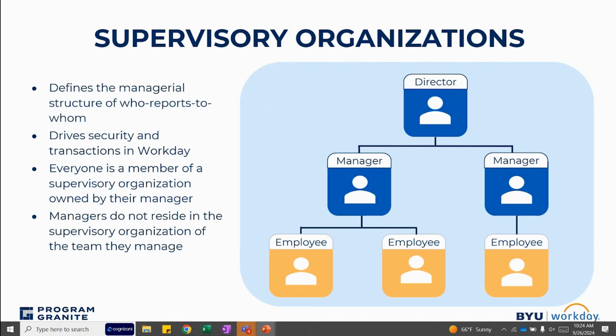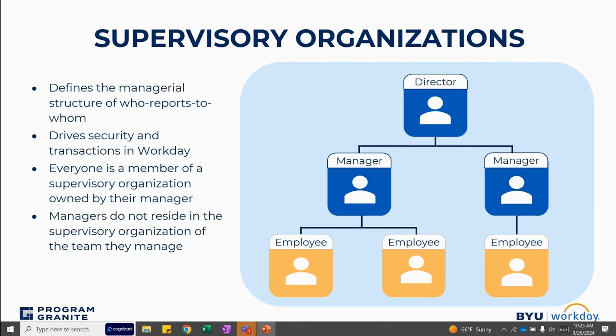This does not have a one-to-one relationship with the department. Although that might seem intuitive, it's not, right? Every organization is made up of individuals that report to one manager. So there could be multiple supervisory organizations in what you would consider a department.